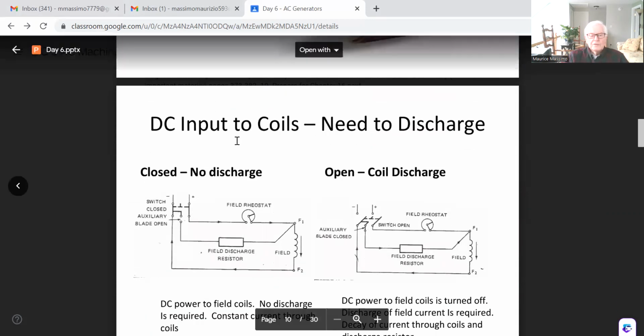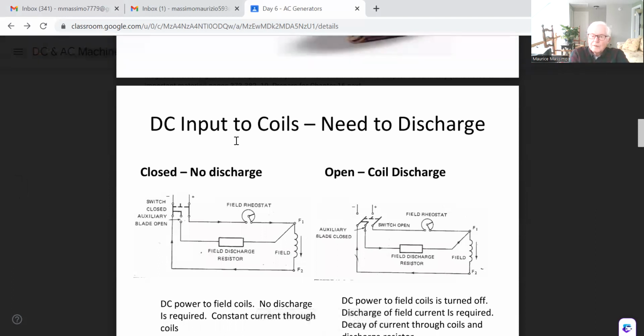So the DC input is to the coils. Okay, we've got DC inputs. Remember, you're creating a permanent magnet by using coils. So you're loading up the coils, and since it's not AC, they don't get dissipated. Okay, they are essentially charging up and stay charged up until you have to turn the machine off.